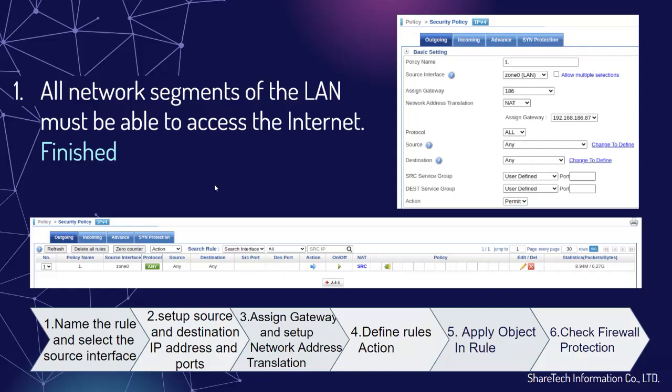It will have a designated gateway icon and an SRC icon. When you hover the mouse pointer over the icon, you can see the tip contents display, such as using the main gateway 186 and the IP address being redirected to 192.168.186.87.